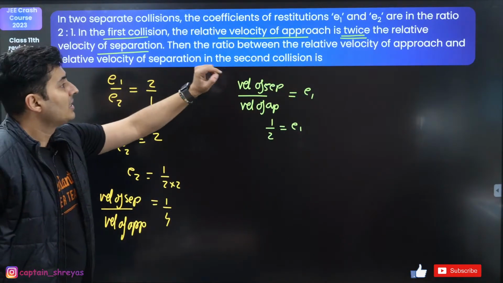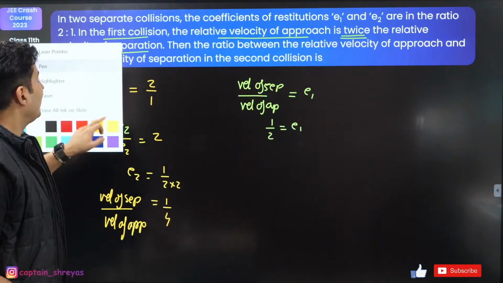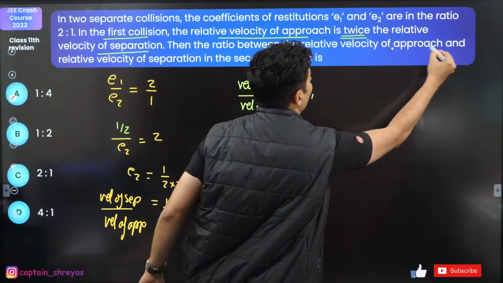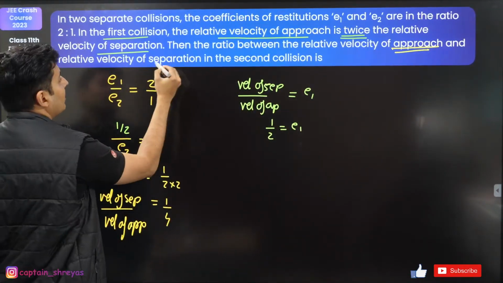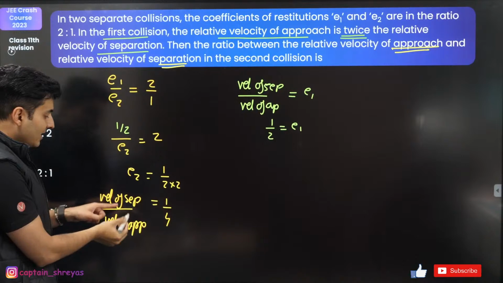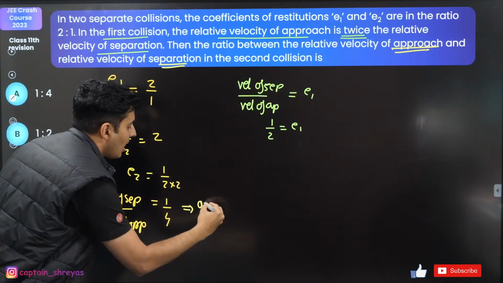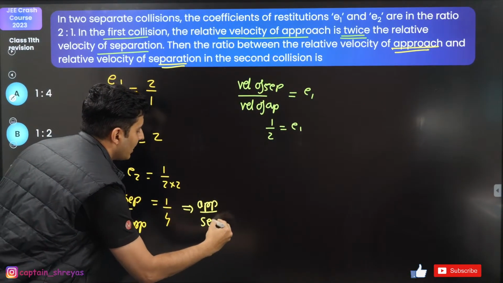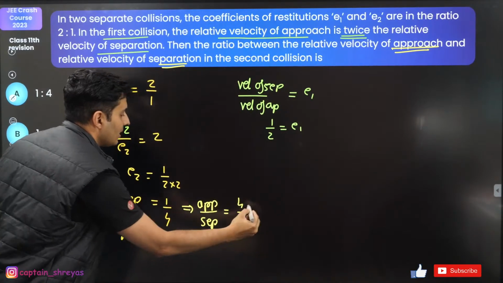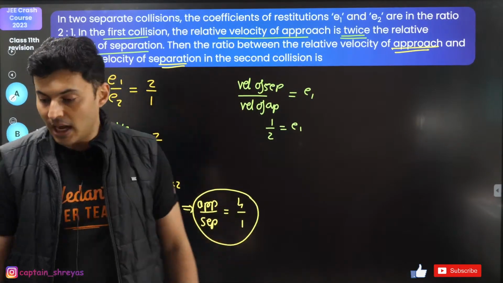But the question says find the ratio of relative velocity of approach upon separation. So this is separation upon approach. That means approach upon separation will be 4:1. That should be the answer.